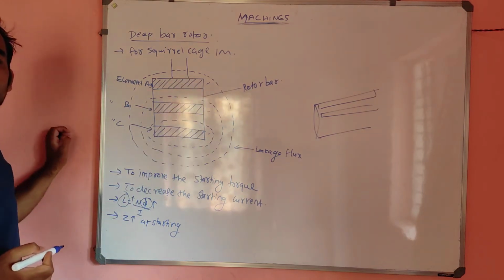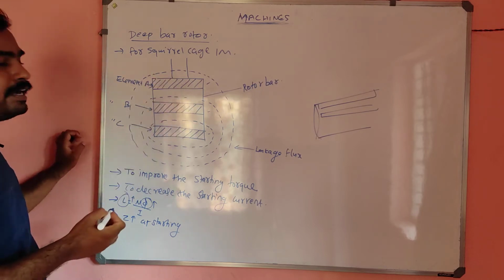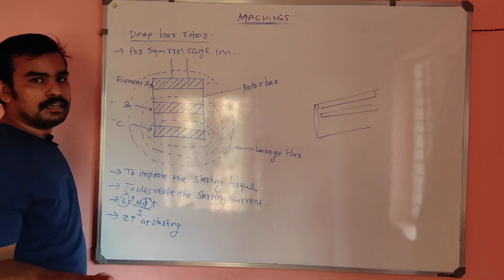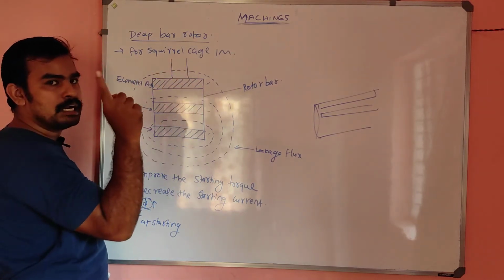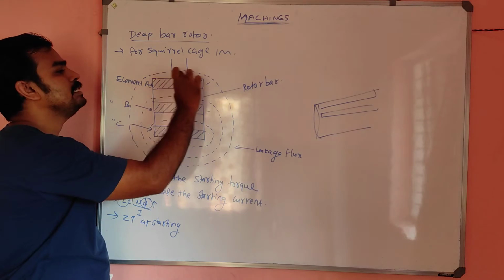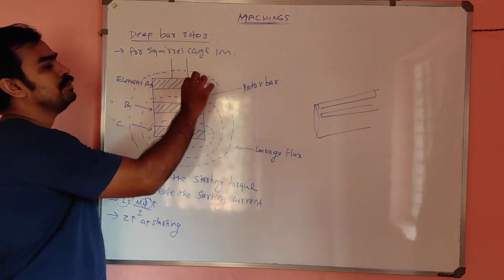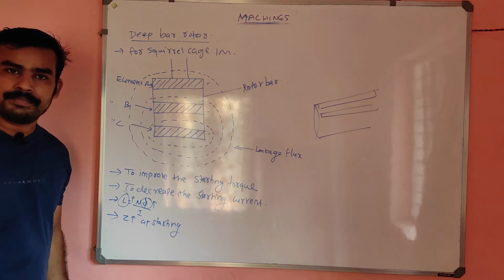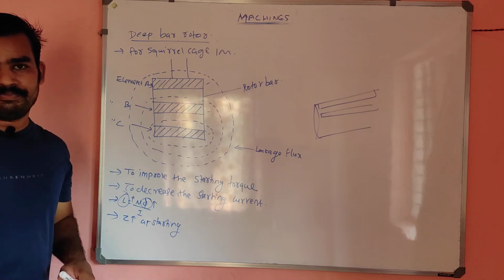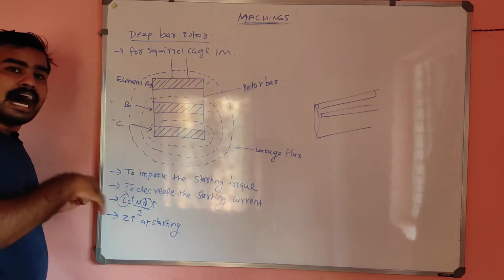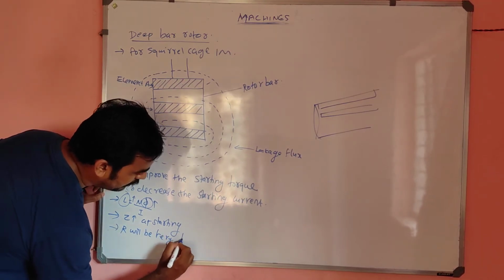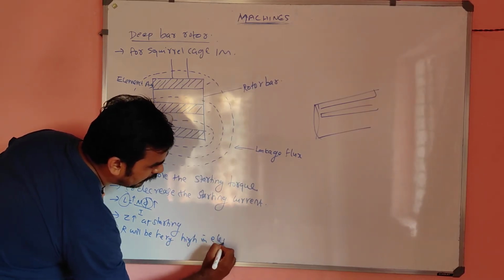If we simply insert a single copper, there will be a large cross section, but here the cross section is only this area. So this area will offer a very high resistance to the flow of current. So the initial current in element A will be low because of the small cross section. R will be very high in element A.